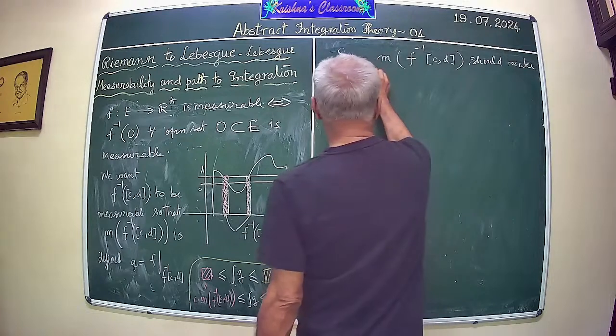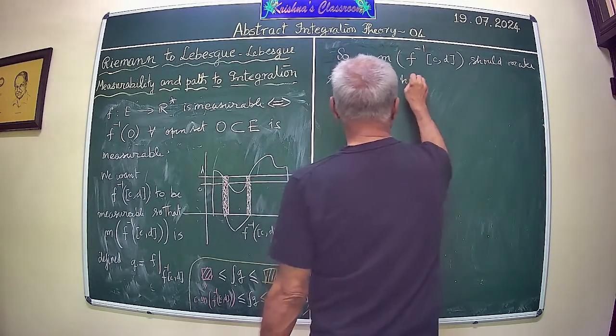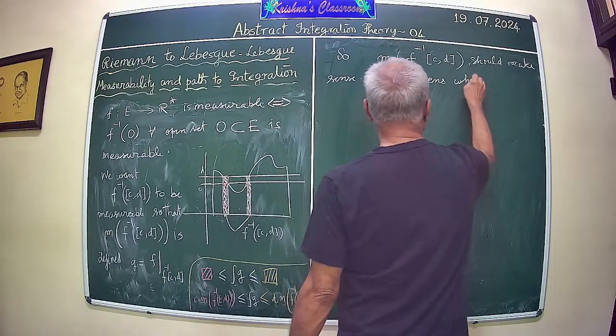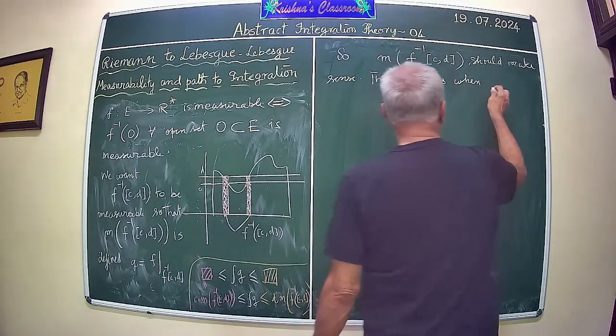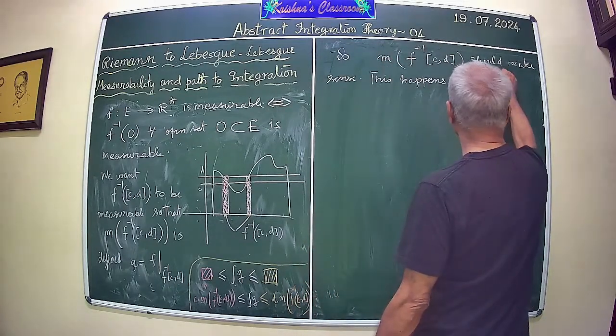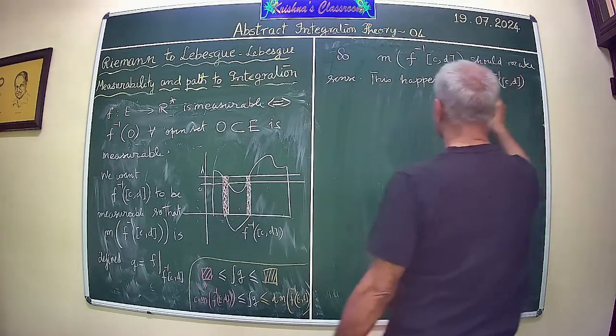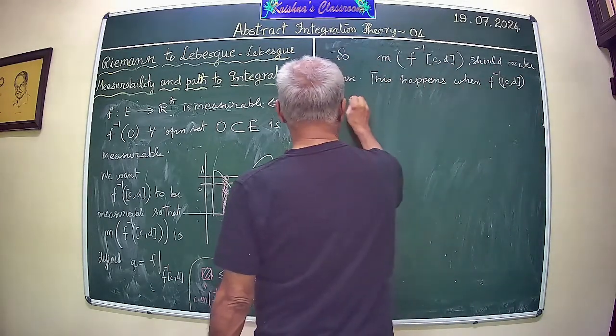This happens when the set f inverse of it has a measure.